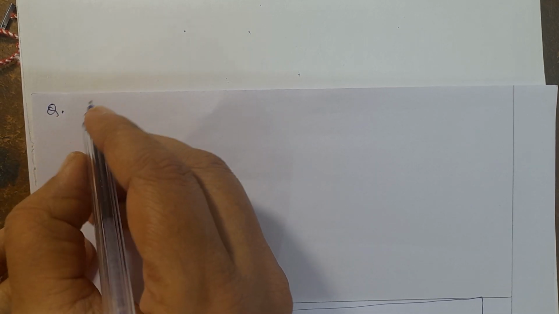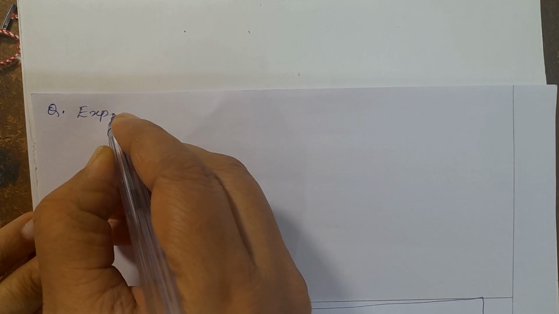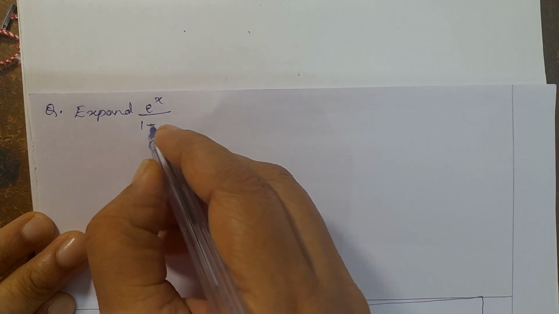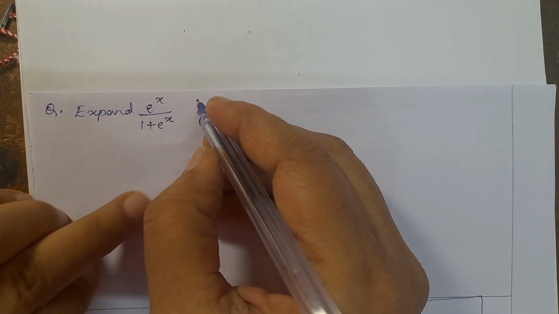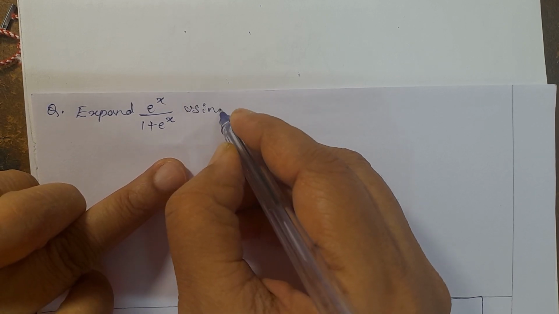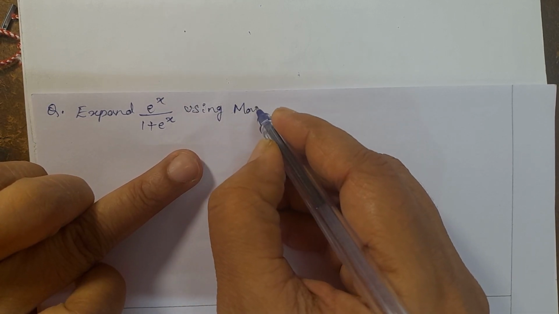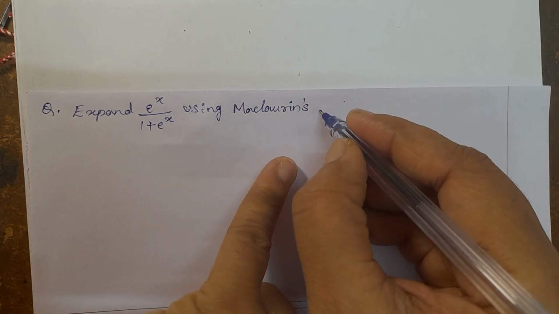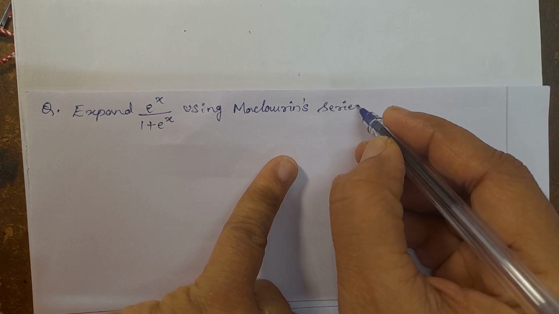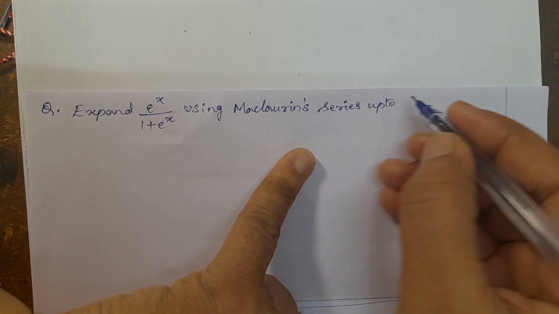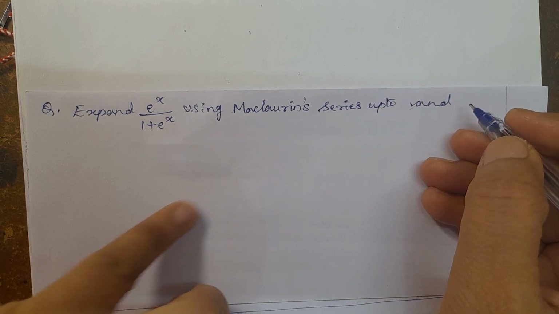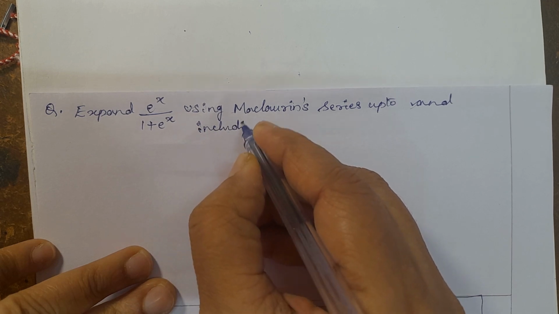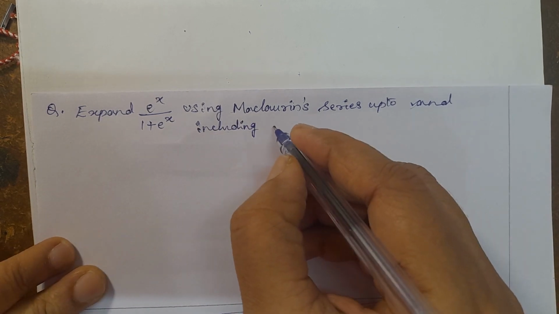Engineering Mathematics Module, Differential Calculus 2. Question: Expand e power of x divided by 1 plus e power of x using Maclaurin's series up to and including third degree terms.